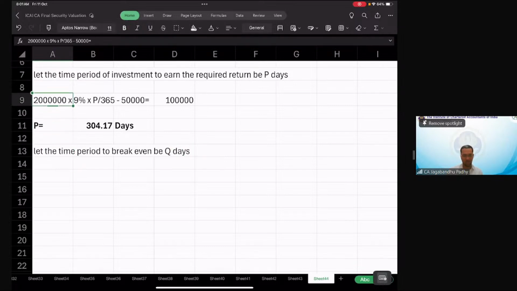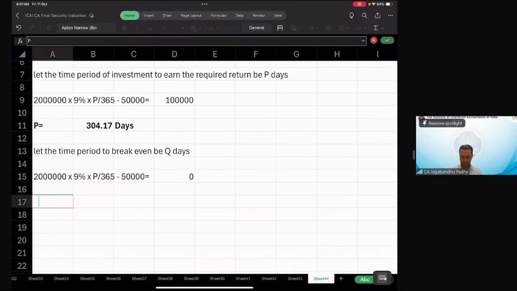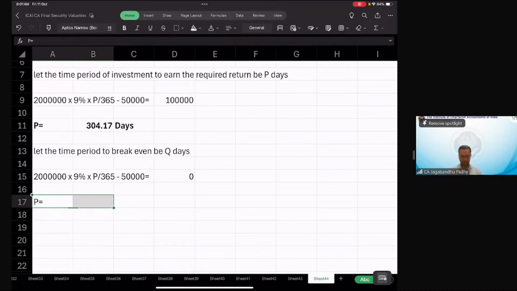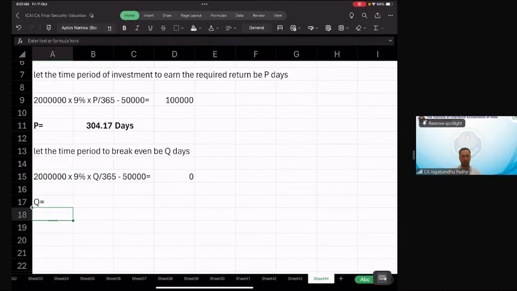So now this same equation we can form, and instead of this 1 lakh, I'll take this to be 0. Now solve this and give me the value of Q over here, guys. Give me the value of Q. Yes. What is the value of Q?